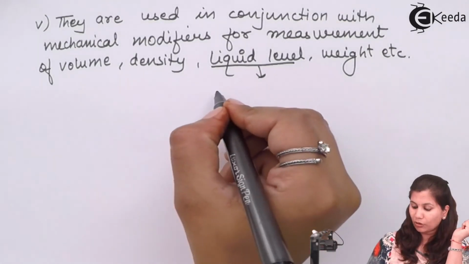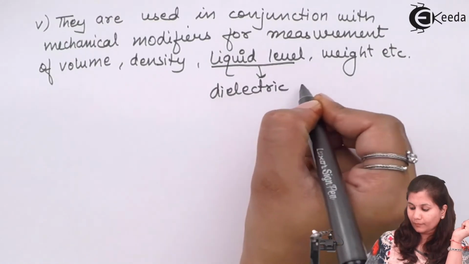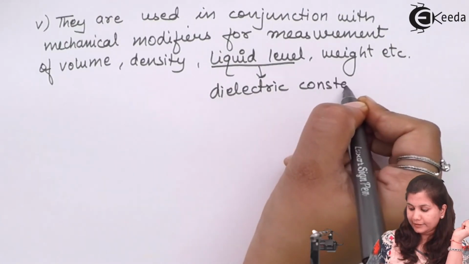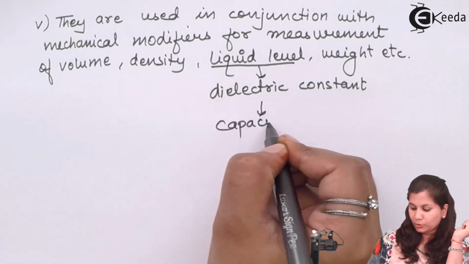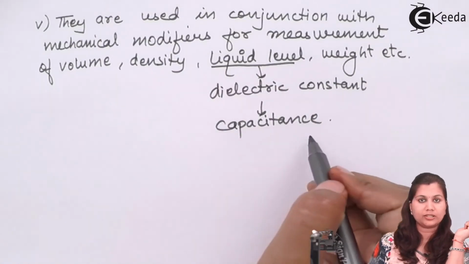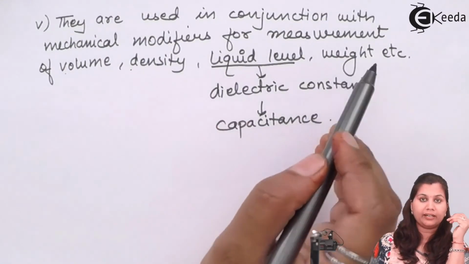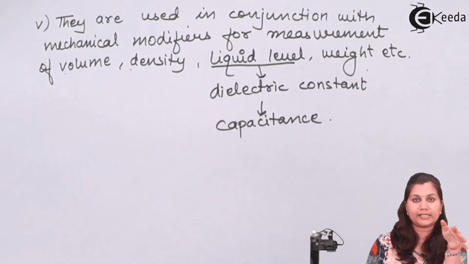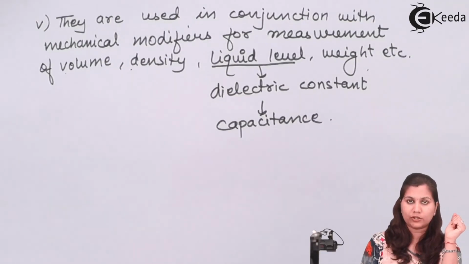So level is causing the change in dielectric constant, and dielectric constant is changing the capacitance. In this way, the liquid level can be measured by change in the capacitance. Similarly, volume, density, weight, torque, all these quantities can also be measured with the help of the capacitive transducers.